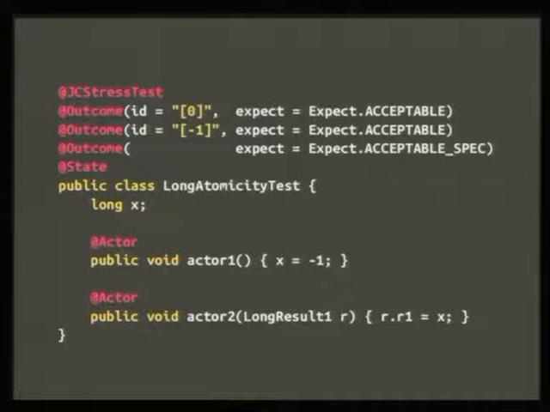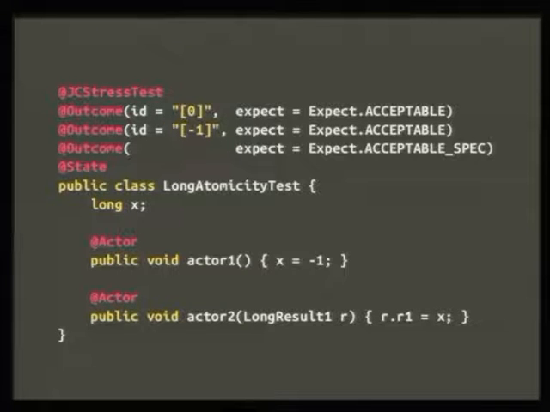So this one is really nice in that it shows a strange or maybe a little unknown thing about Java. 0 value is expected because it's the initial value of x. This is when Actor2 runs first. It will observe 0. Second, if the first thread runs and the second observes -1, it's also acceptable.